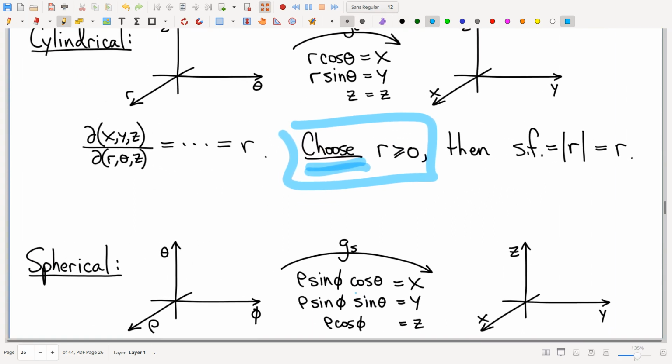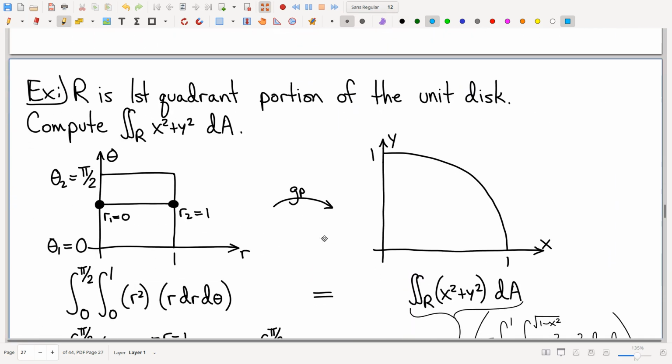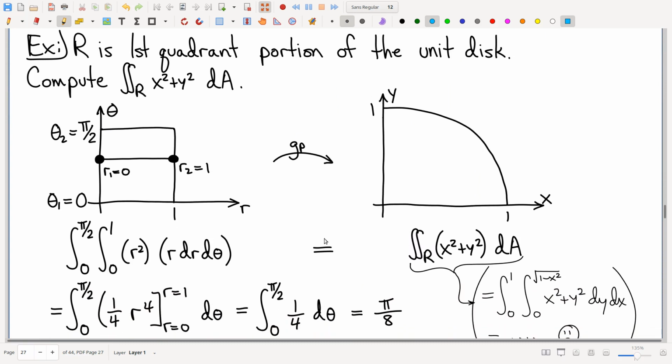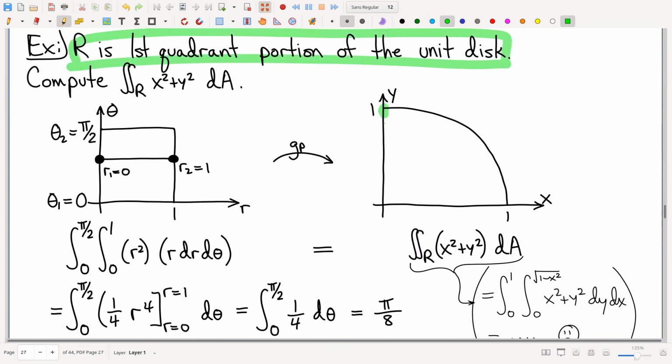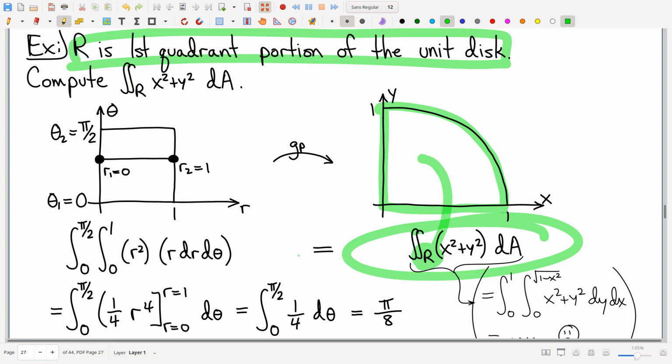Okay, moving along. Let's see an example of this in action. So we consider the first quadrant portion of the unit disk, like so. That is the domain for our integral down here, and now we look at this integral, and let's come at it sort of head on.